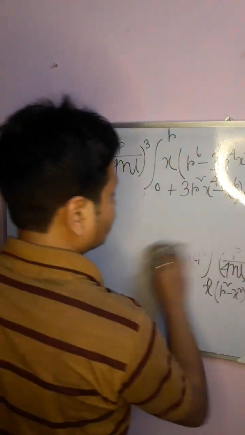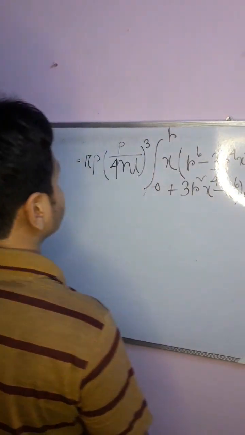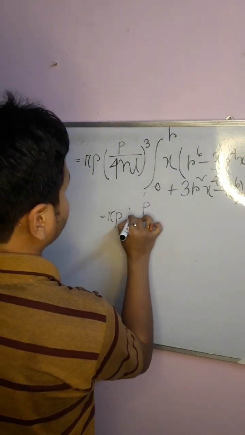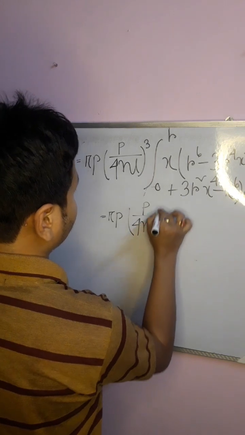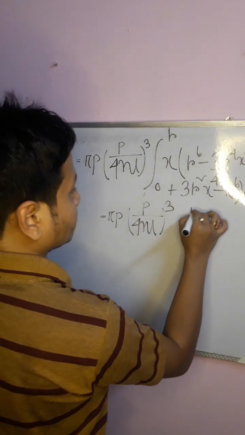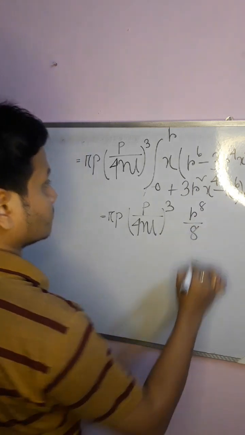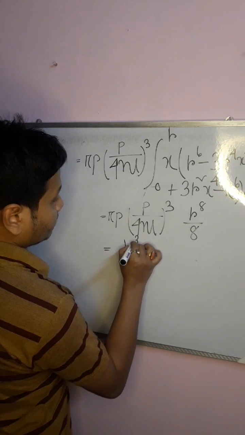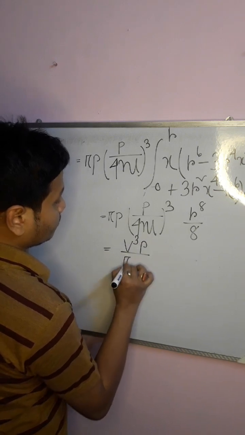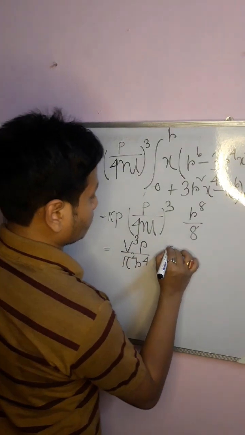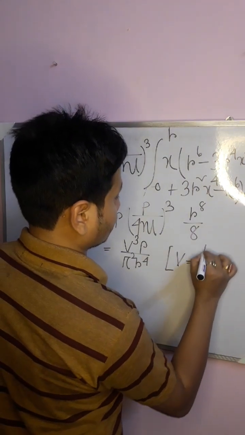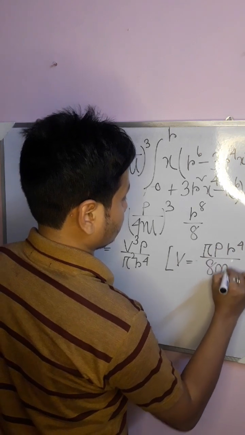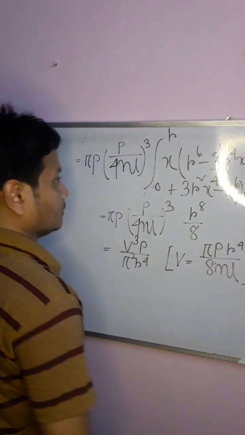So this is the kinetic energy. So pi rho, this is simply P by 4 eta l whole cube, and if we integrate it, the result will be r to the power 8 by 8. And if we rearrange this, we can write V cube rho by pi square r to the power 4, where we use V equals pi P r to the power 4 by 8 eta.